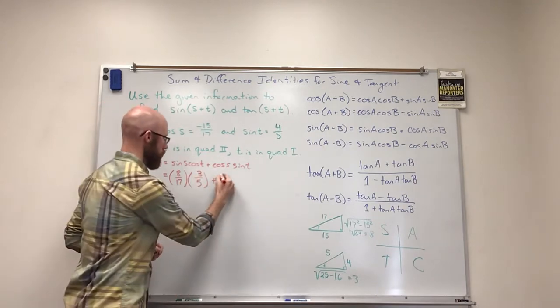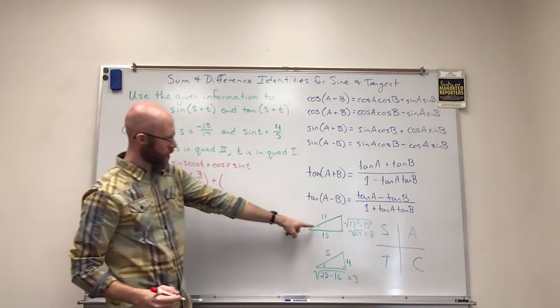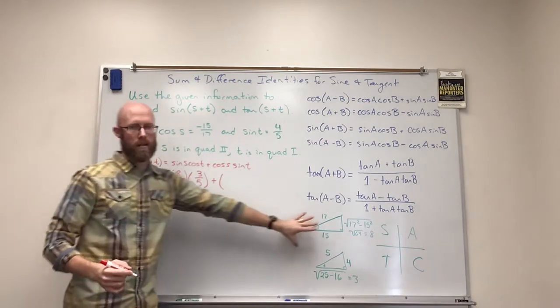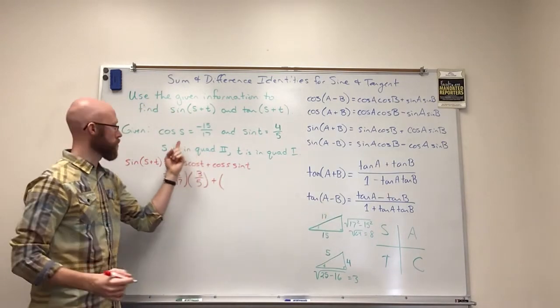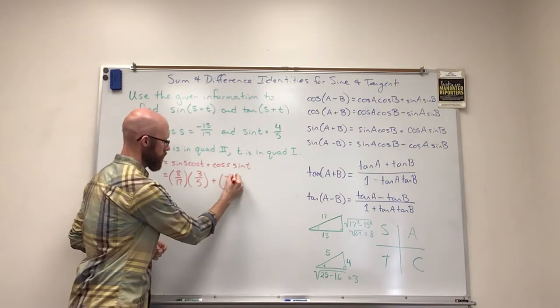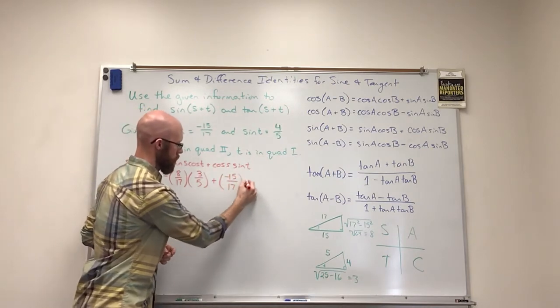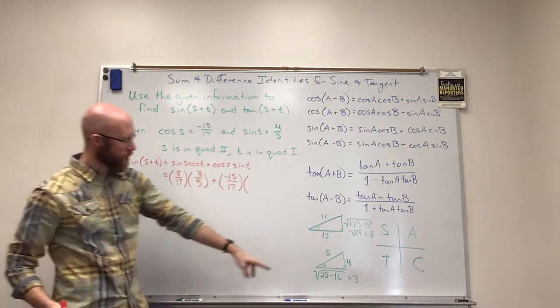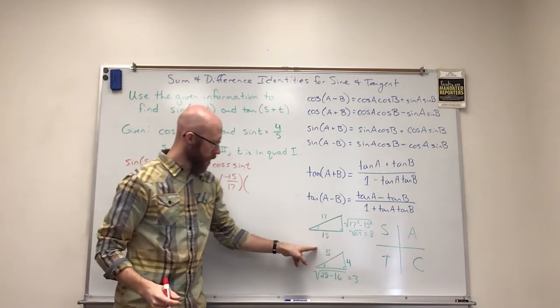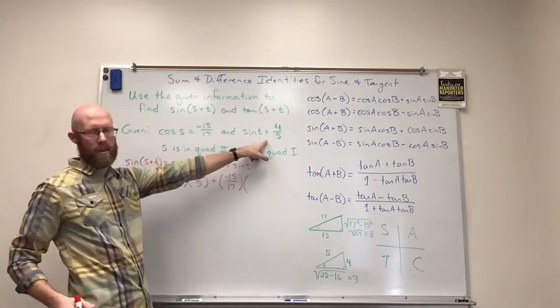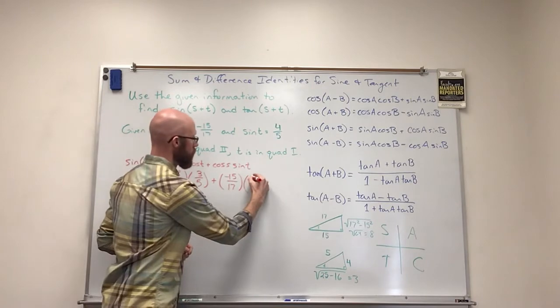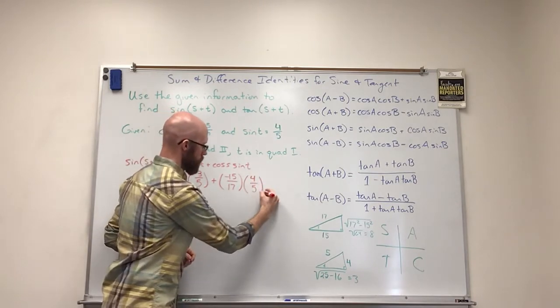Moving into the cosine of S, we already have that one. I don't even need to worry about the triangle, that's given to us: negative 15/17. And then the sine of T, opposite over hypotenuse, that's 4/5, and again, that one's already given. So I don't need the triangle, we have 4/5.